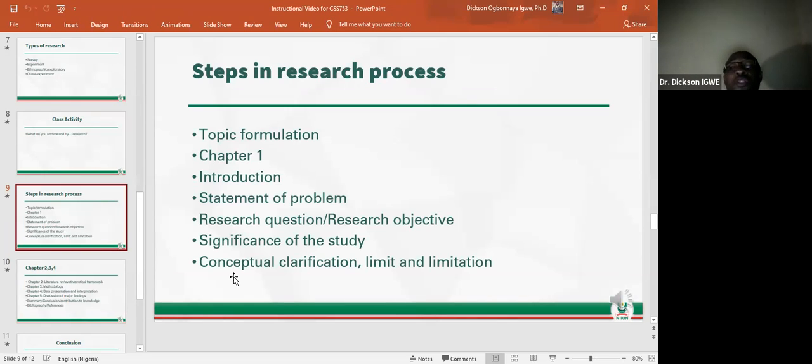We have various variables. We have extraneous variables. We have intervening variables. We have independent variables. We also have dependent variables. So in formulating your research topic, you must formulate it in line with the variable placement of two variables.